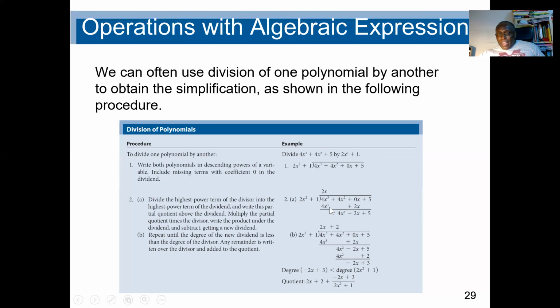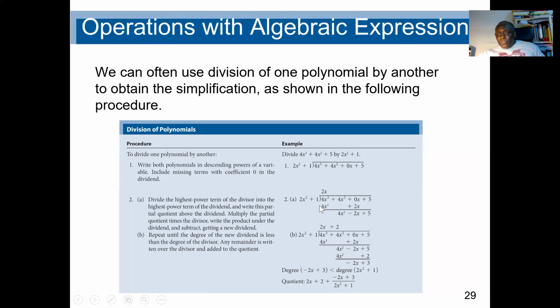And I get 4x cubed plus 2x. Then I'll find the difference of the two. Now, here will be minus. So 4x cubed minus 4x cubed will be 0. 4x squared is by itself. There's no 4x squared down here. So we get 4x squared. Now, 0x minus 2x will give me minus 2x now. Why did I say minus?